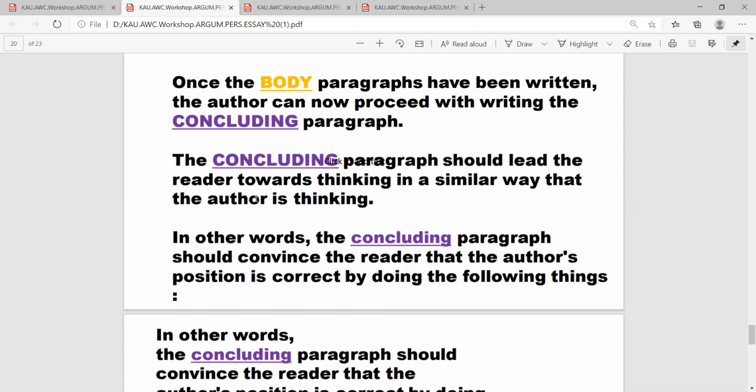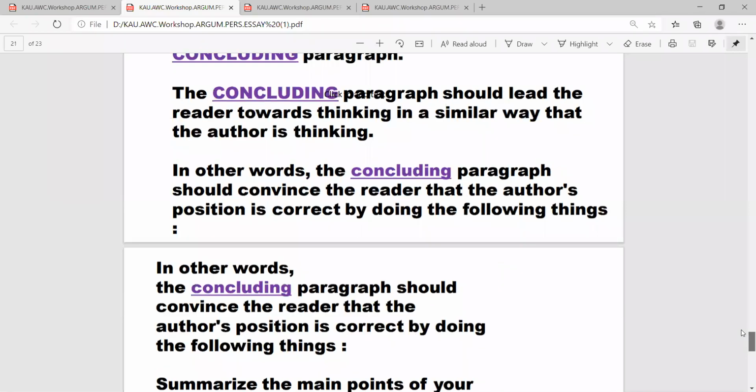So when you write, you obviously want the reader to adopt your idea. I mean, not completely, because human beings are so different. They're not going to agree at 100%, but it would be nice if they agree, let's say 90% or 80% of what you're saying. In other words, the concluding paragraph should convince the reader that the author's position is correct or viable or logical.